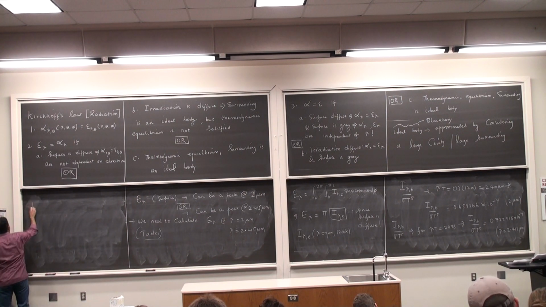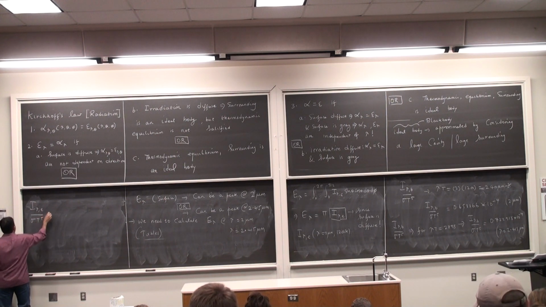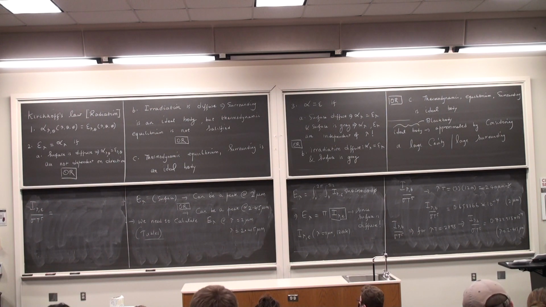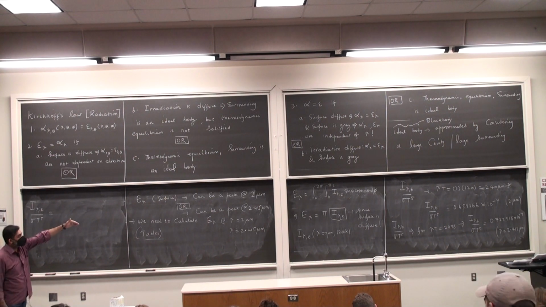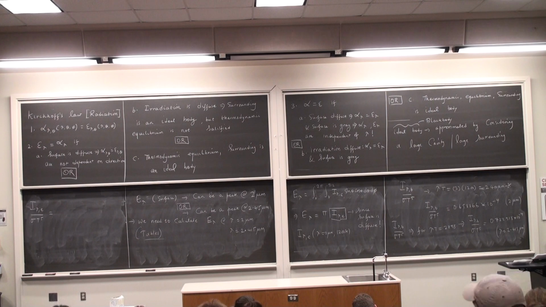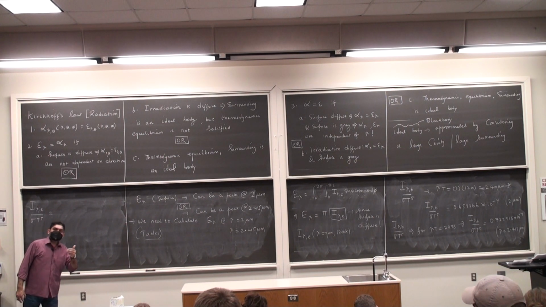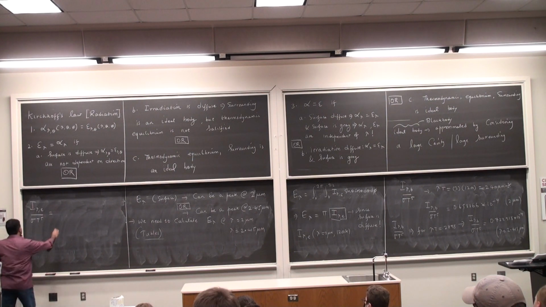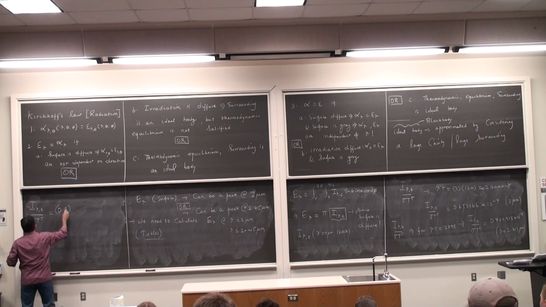And so I lambda comma E by sigma T to the power 5 is going to be a fraction of whatever you have there, and that fraction is given by the value of the emissivity at 2 micrometers, which is 0.8 times this fraction.